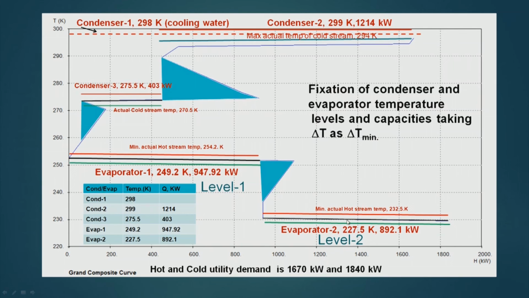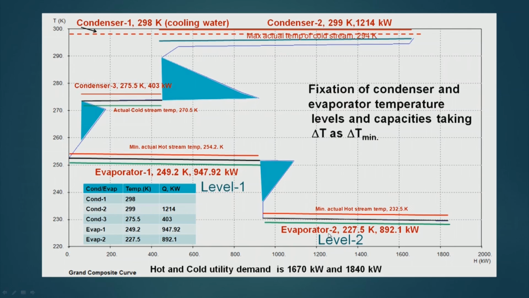Similarly, for level 2, which will service the hot process streams, the actual temperature of the hot stream is 232.5 Kelvin. So, I deduct 5 degrees from 232.5 Kelvin, and I get 227.5 Kelvin here.